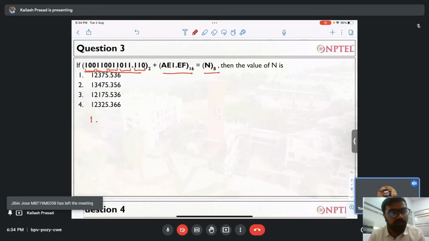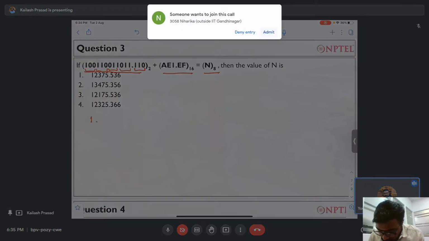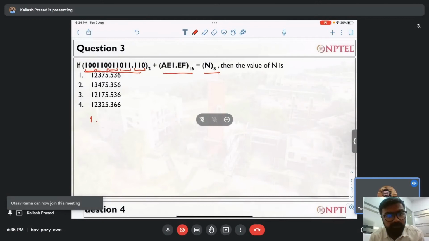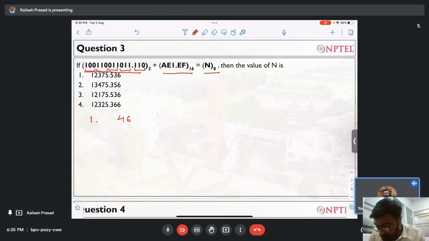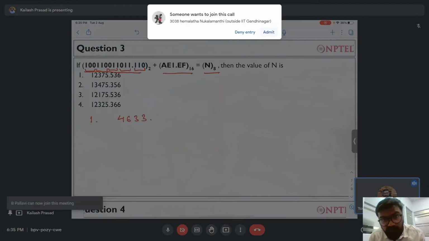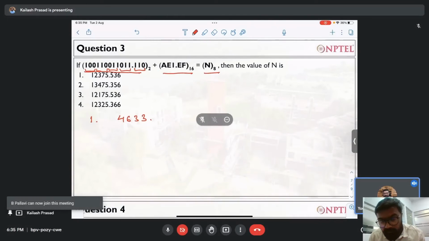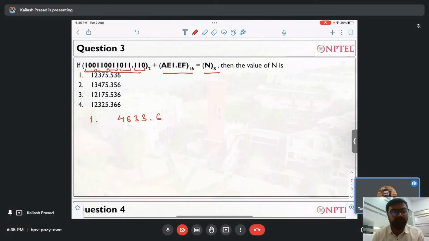So 100 means 4, then 110 is 6, then 011 is 3, and 110 is 6. So this is my first number.